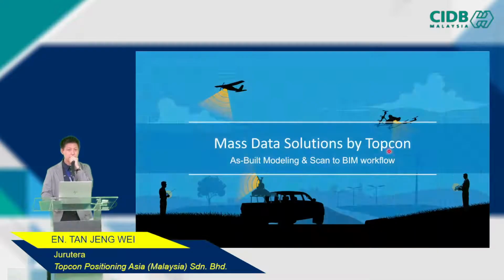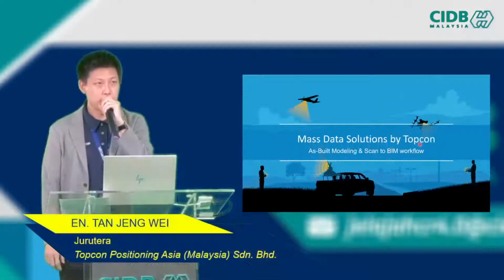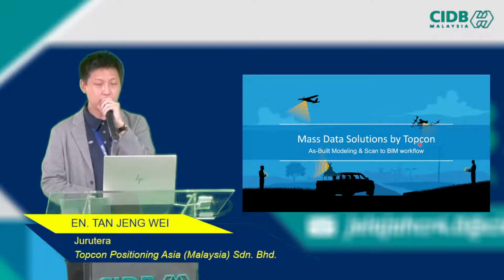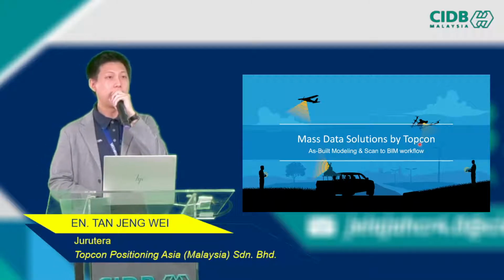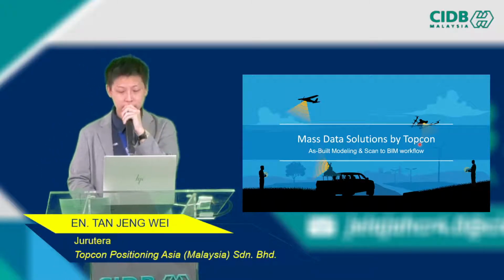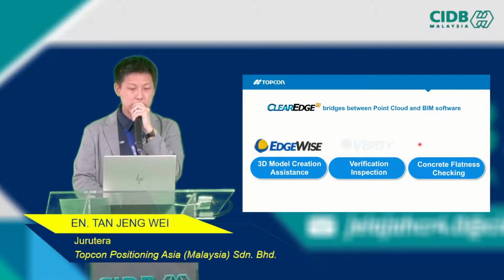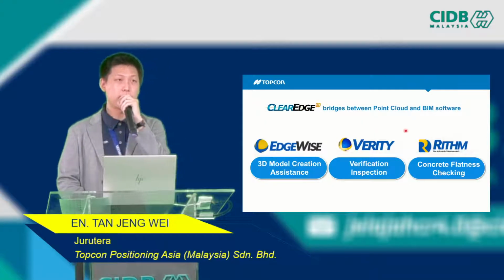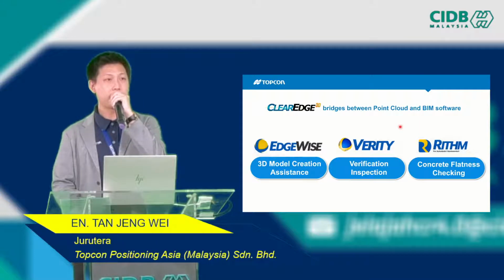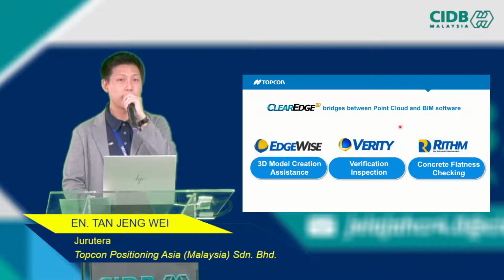Right. So now let's jump into the mass data solution. I will talk about the as-built modeling and scan-to-BIM workflow in this section. In our company, we have 3 software solutions.